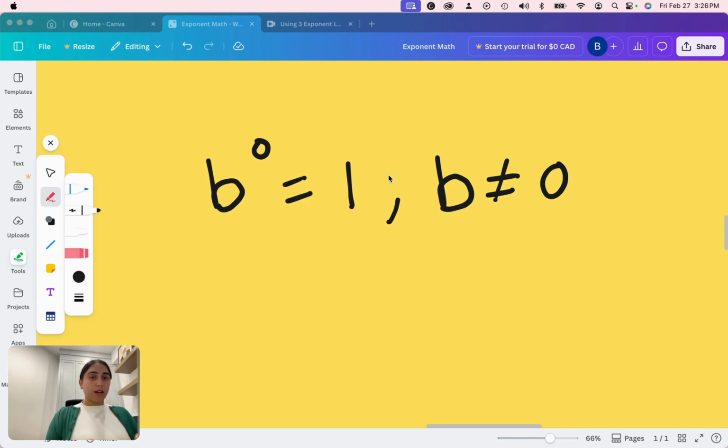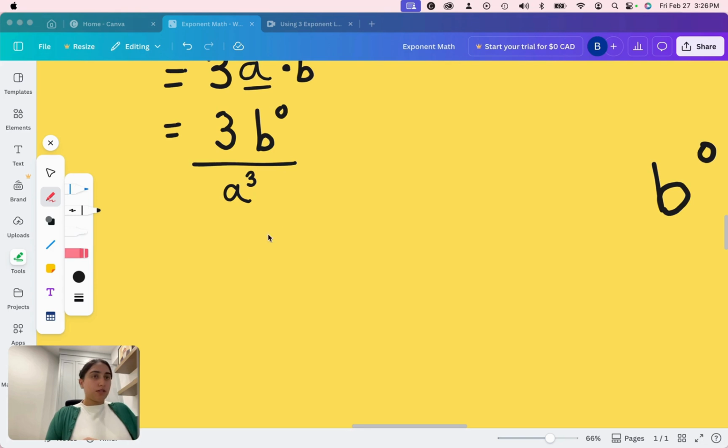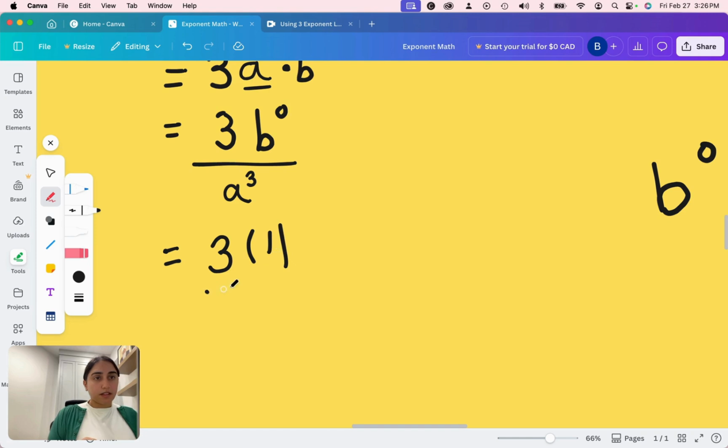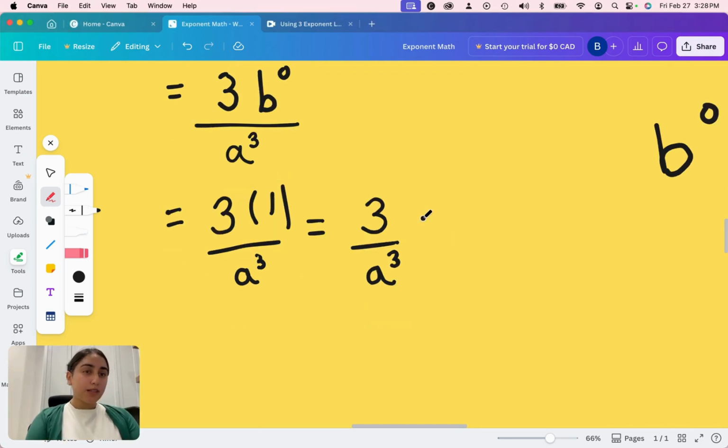Now we can apply this rule to our question stem to simplify this further. So that says that this becomes equal to this over a cubed, which is equal to just 3 over a cubed. Okay, so this is my final answer.